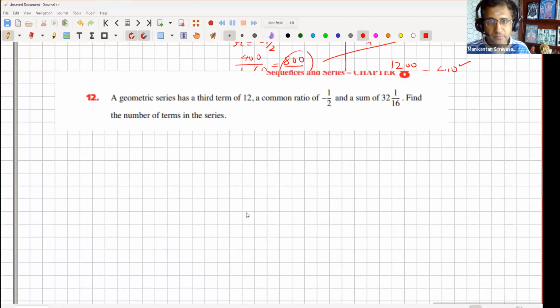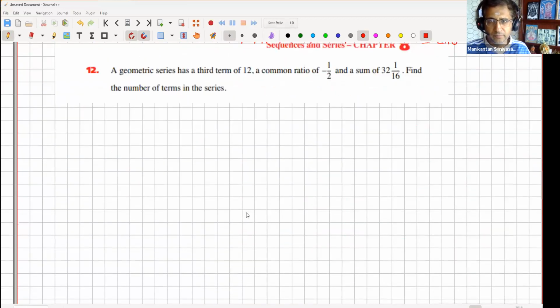Can we do this? It's fairly formula substitution, but just so that you have practice.